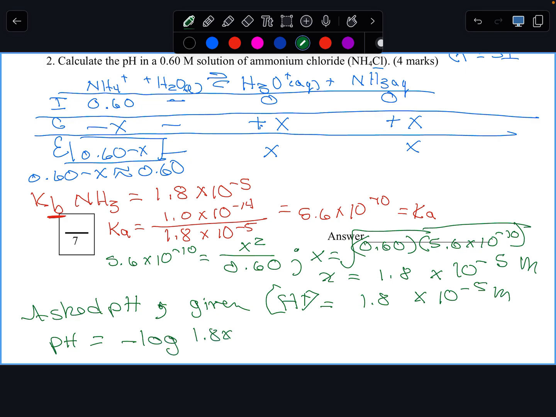And if you guys are lazy like I am, you can just go negative log second answer and it'll come up and you should get 4.74. And please notice that 4.74 has 2 decimal places and this has 2 sig figs. So 2 sig figs means 2 decimal places. Do you remember that rule? Just to make life interesting.